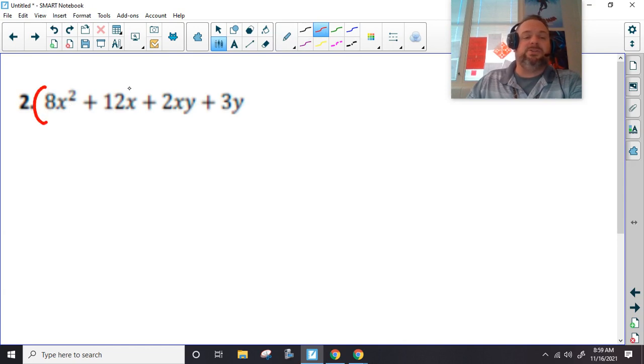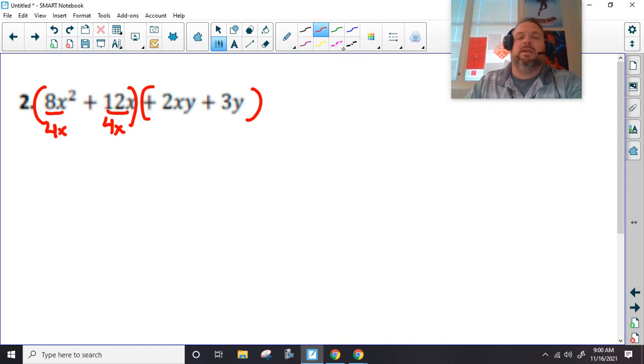The first thing you do is you group these with parentheses. Then you go through: what's my GCF between 8 and 12? 4. And then it will be an X right here. So this would be 4x.